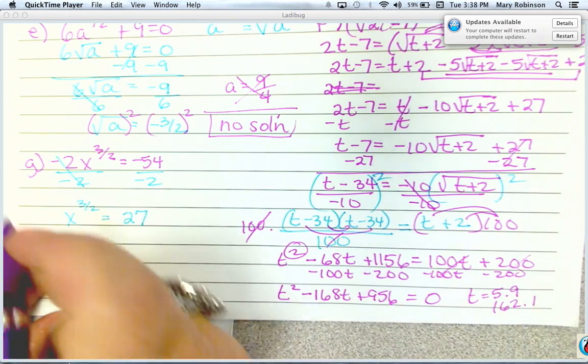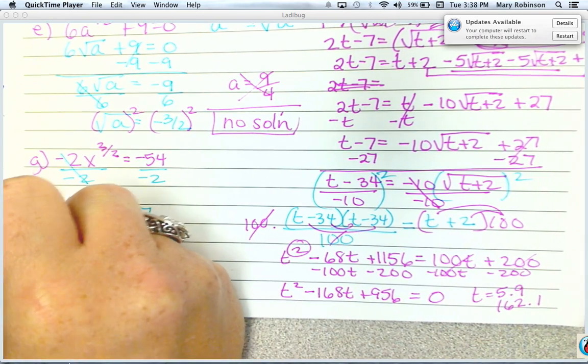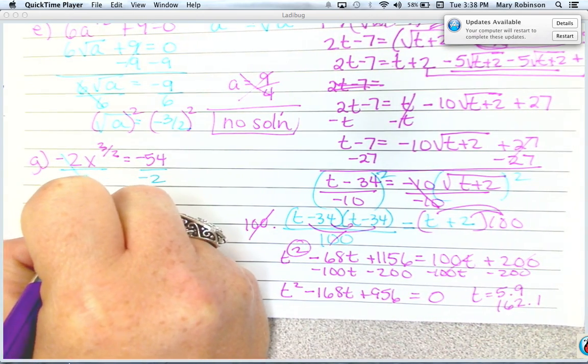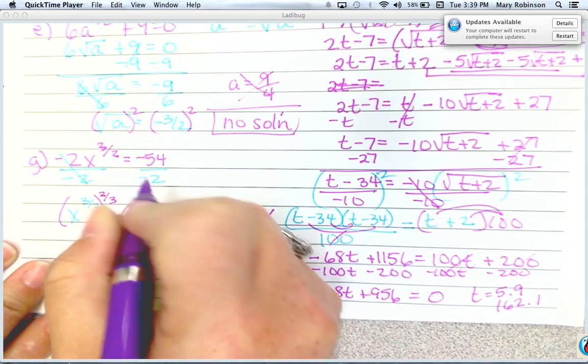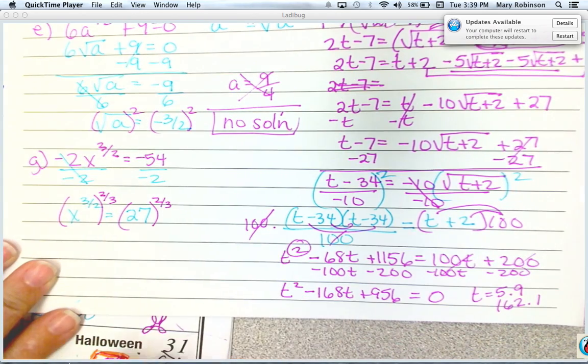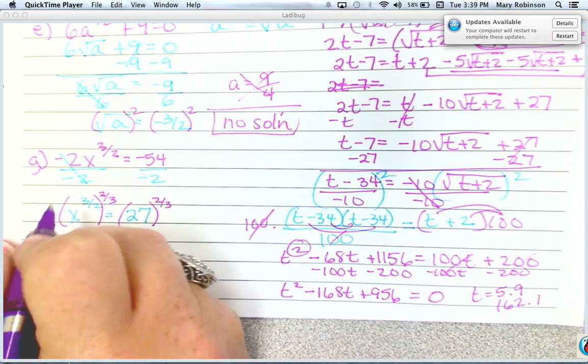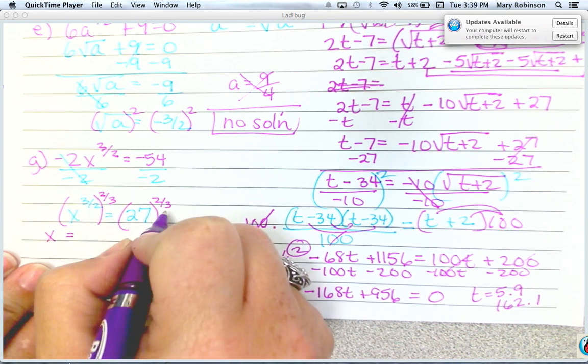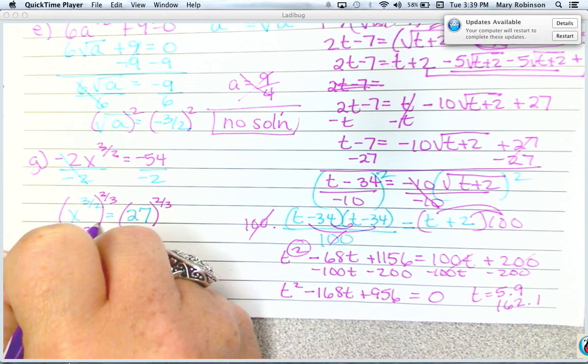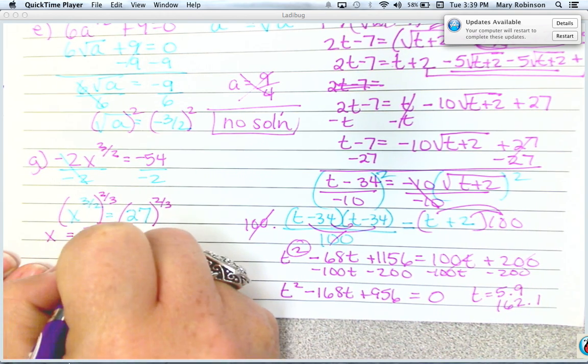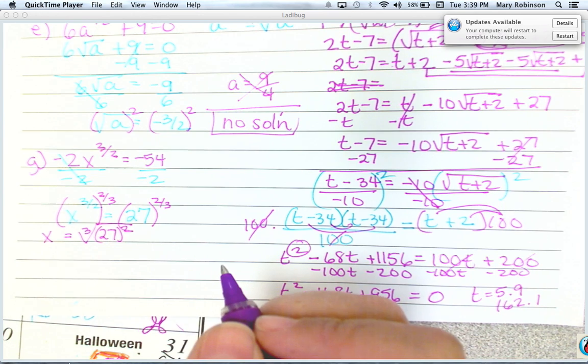So remember when you have x to the 3/2, to isolate x, you invert the exponent and raise both sides to that power. So this gives you 6 over 6, which is 1. And this, remember, is the cube root of 27 squared.